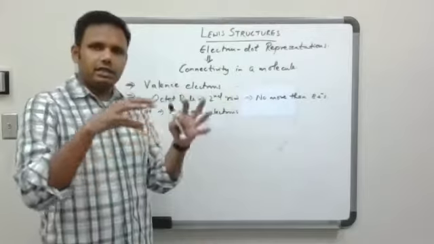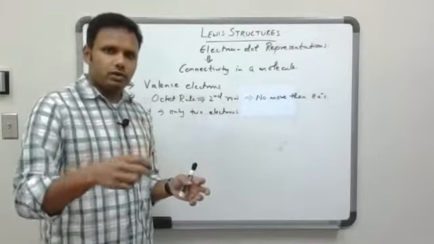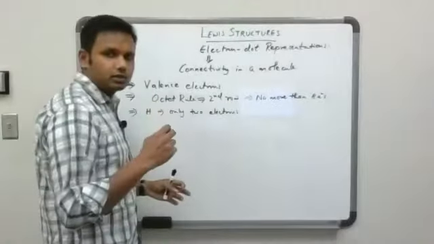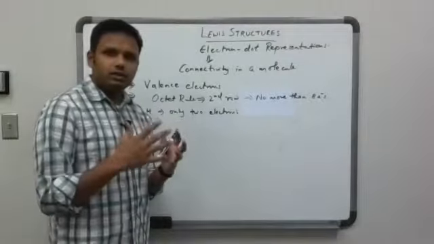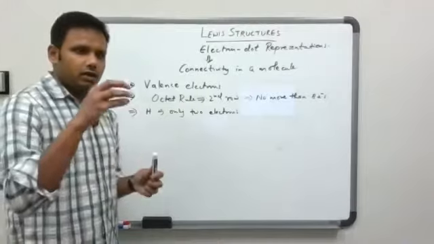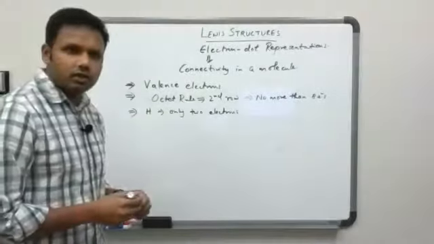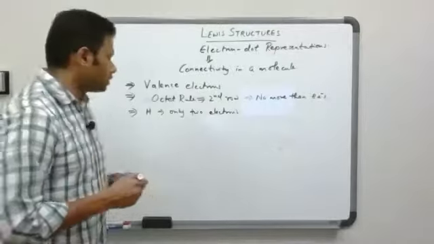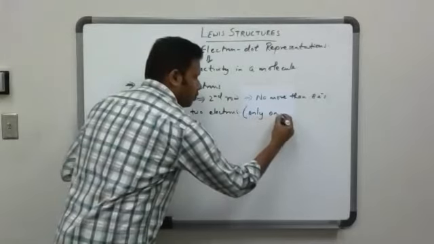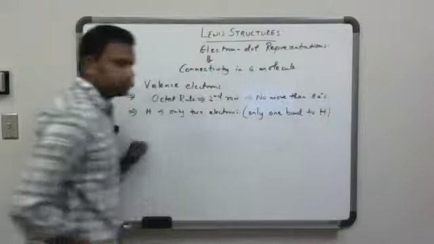If you're making bonds between several atoms, when a hydrogen shows up, that's where the bond is going to end. You cannot include a hydrogen somewhere centrally in the molecule or with more than one bond. That should not happen. Only one bond to hydrogen.